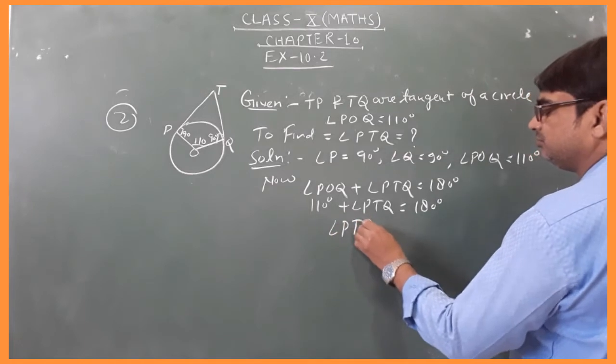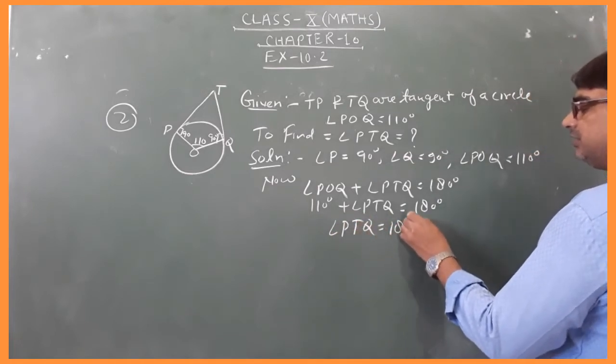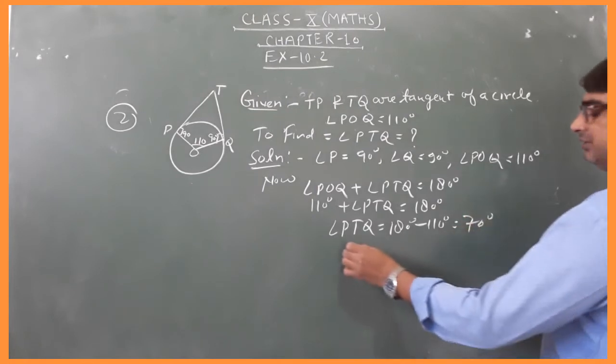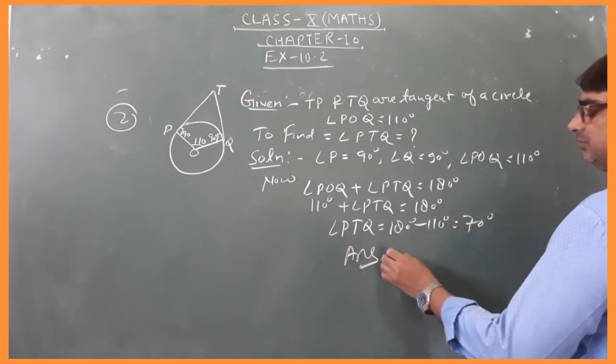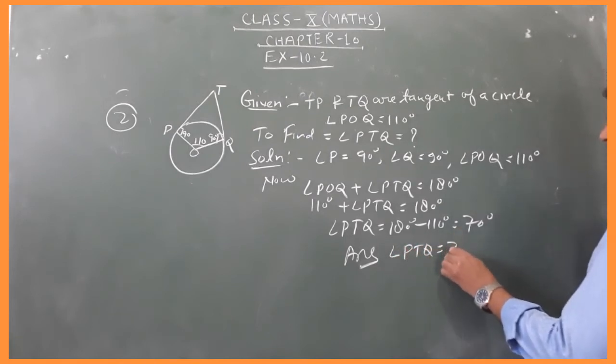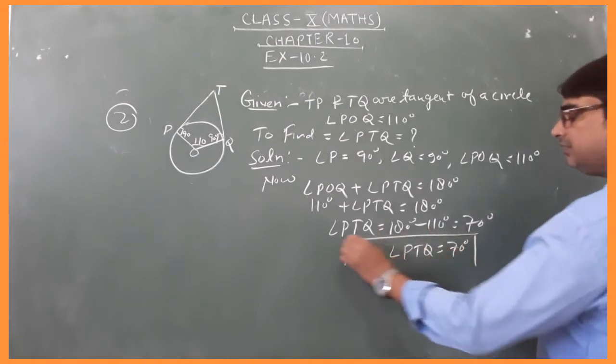Angle PTQ is equal to 180 minus 110 is equal to 70 degree. This is your answer. Angle PTQ is equal to 70 degree.